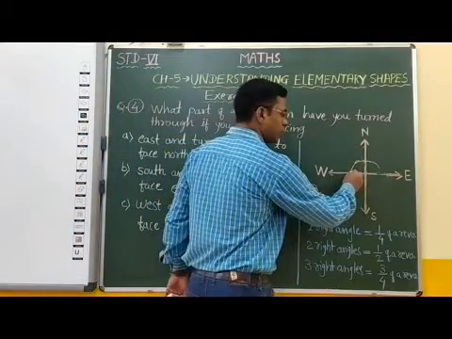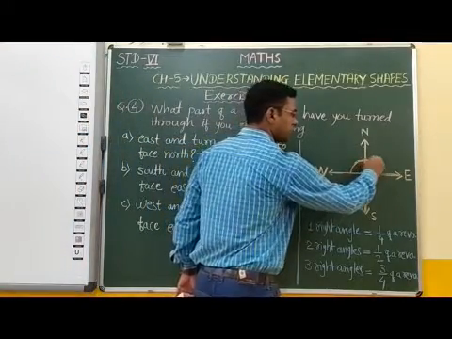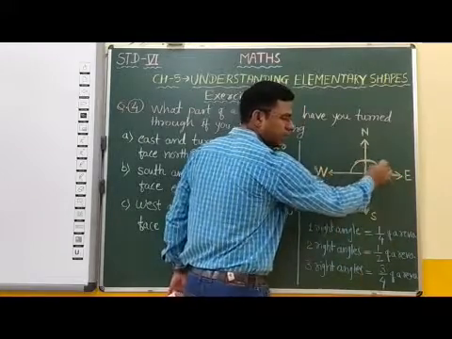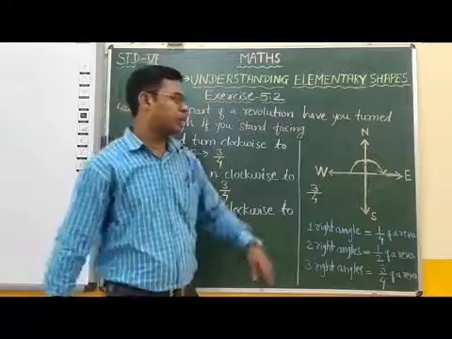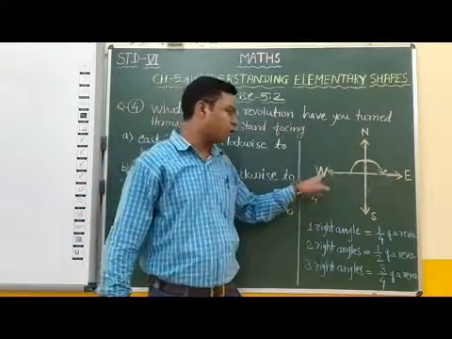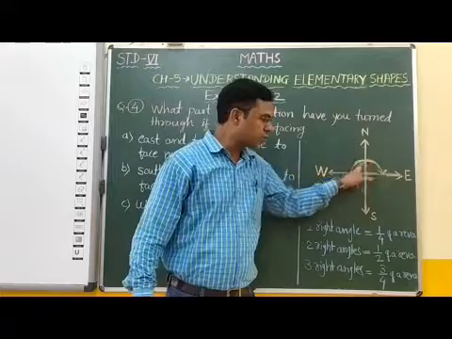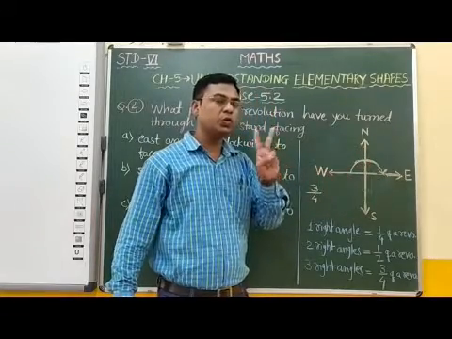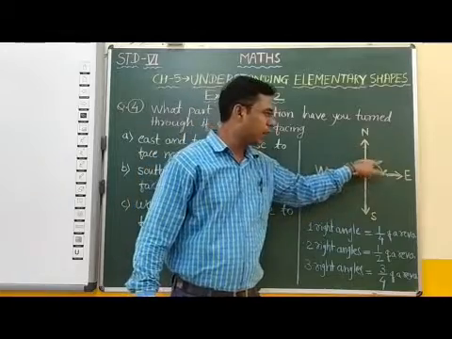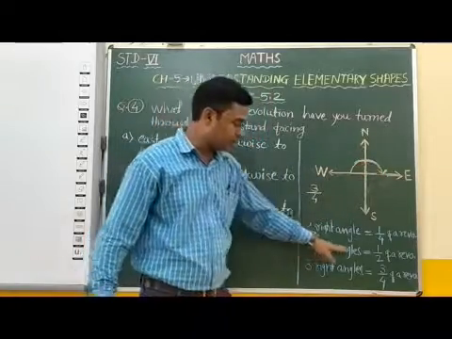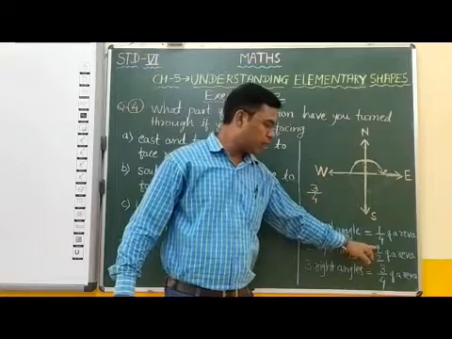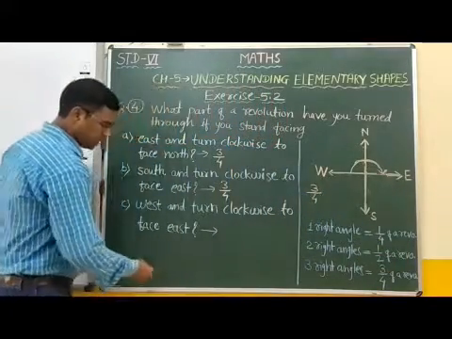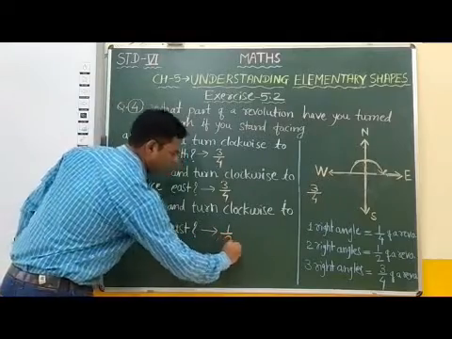Therefore, if you turn clockwise from west to east, you turn through two right angles, 1 and 2, and two right angles is equal to 1/2 of a revolution. Therefore, the answer of this question is 1/2.